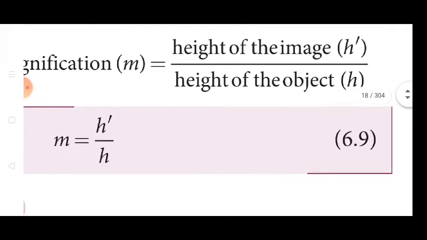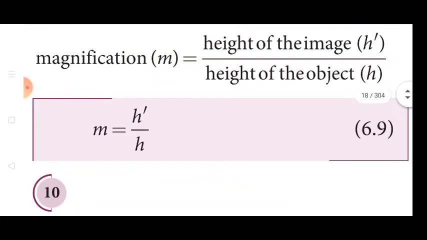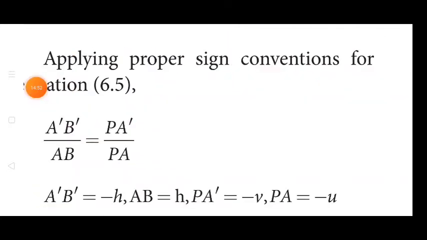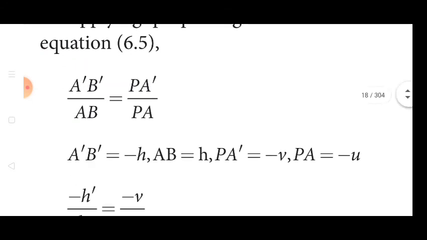So, magnification m is equal to h dash by h. Equation 6.9. Applying proper sign conventions for equation 6.5, A dash B dash by AB is equal to PA dash by PA. A dash B dash is equal to minus h dash, AB is equal to h, PA dash is equal to minus v, PA is equal to minus u.